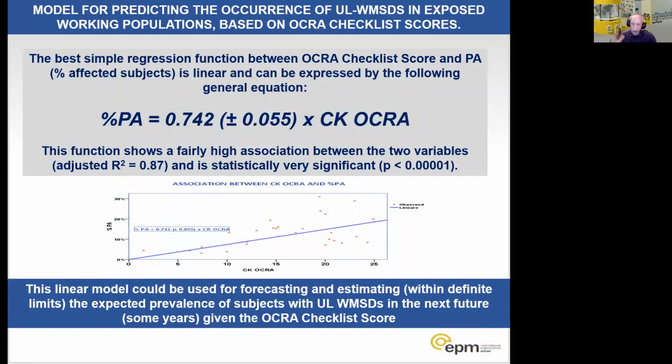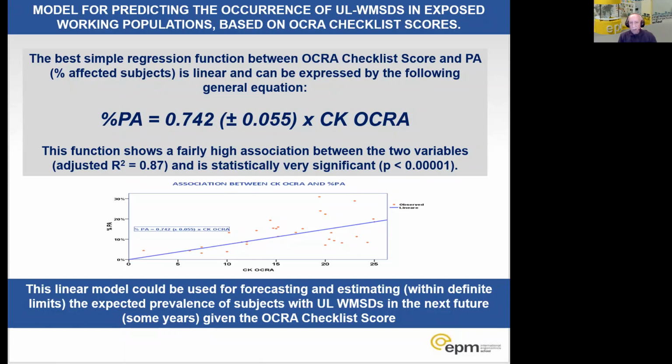Obviously, when you have two numeric variables, the first thing is to see if there is a good association between the two variables, and we found that there was a good association between the OCRA checklist and PA, expressed by a simple linear regression function that you see in the slide.